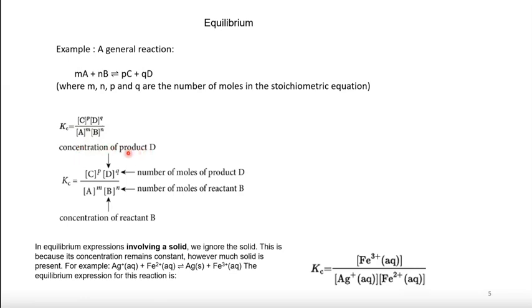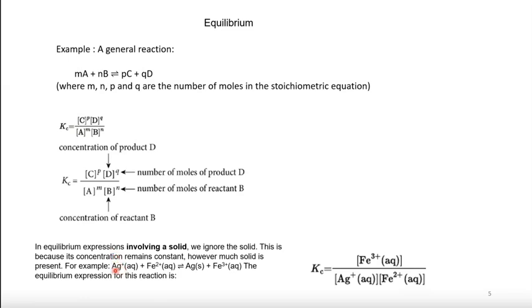The superscripts are the number of moles of the product or reactant. So this is a general reaction, and we can express the equilibrium constant for a general reaction like this. Once we know that, we could have different types of reaction, with solids, liquids, gases, etc.